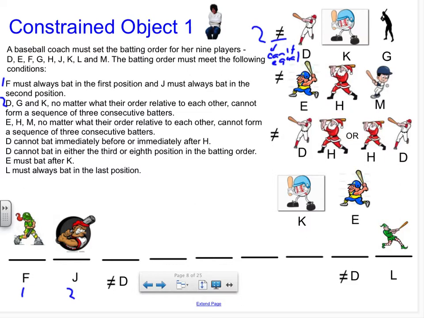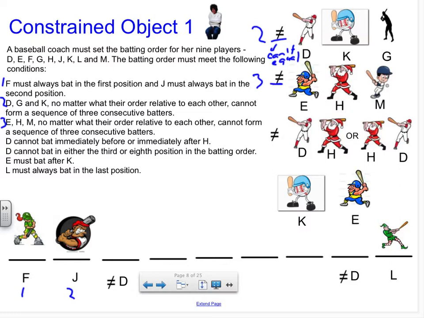Let's take a look at the third condition. E, H, and M, no matter what their order relative to each other, cannot form a sequence of 3 consecutive batters. So here's condition 3. Again, we have the can't equal sign, and just as in condition 2, E, H, and M can't form a consecutive series of 3 batters, one after the other.